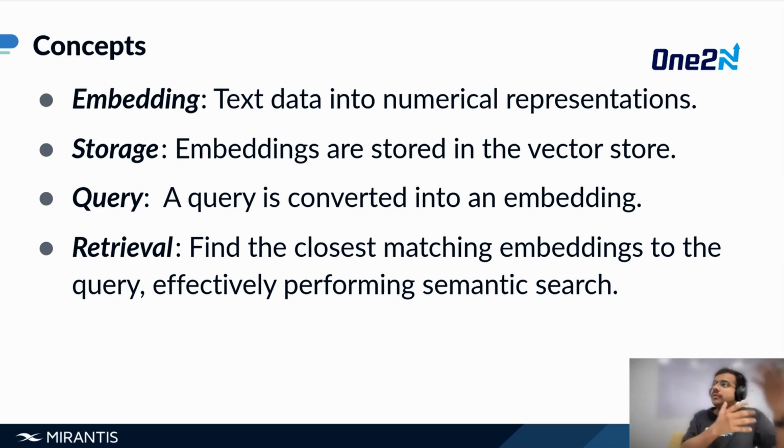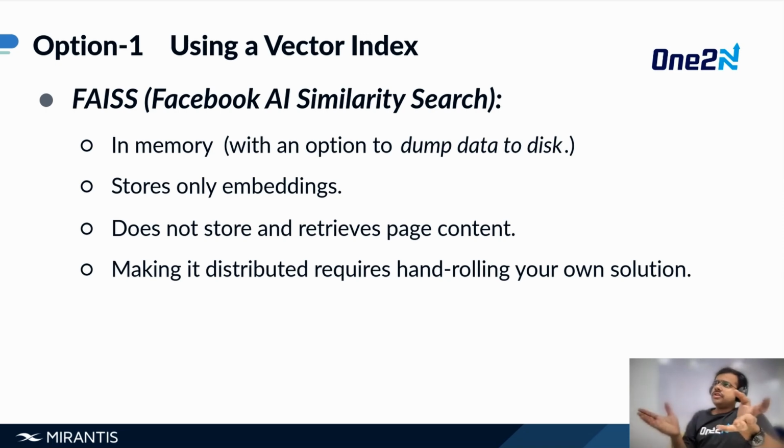So if I have a job description, I have a bunch of resumes, I convert them into embeddings and then try to match that. Okay, what are the matching resumes here? And then last step is the retrieval, which is actually getting the information which is similar to my query out of that vector store. So there are two approaches to have vector storage. First is to use a vector index like FAISS, which is Facebook AI Similarity Search. It is in memory.